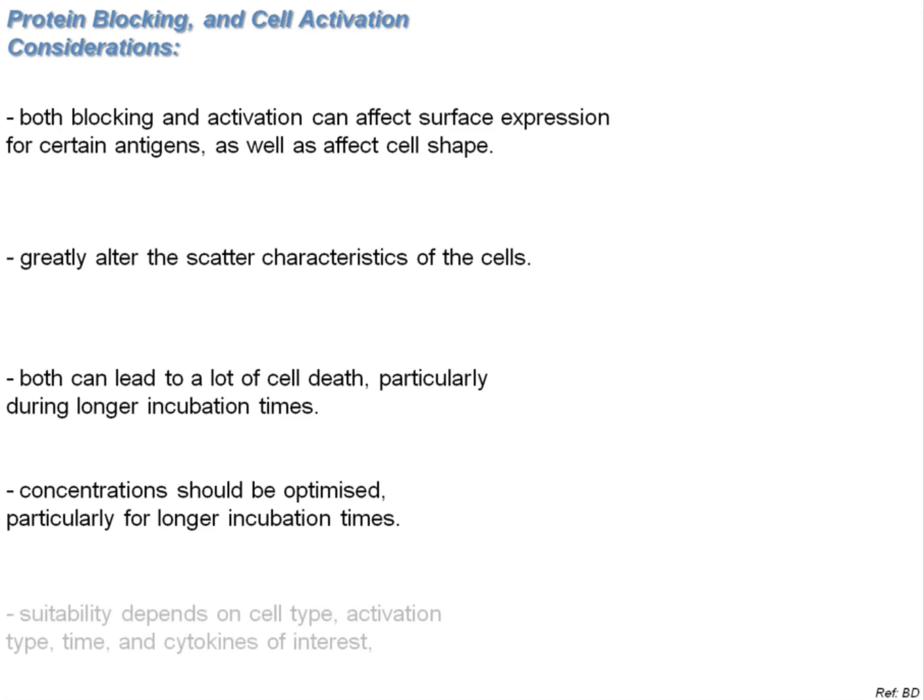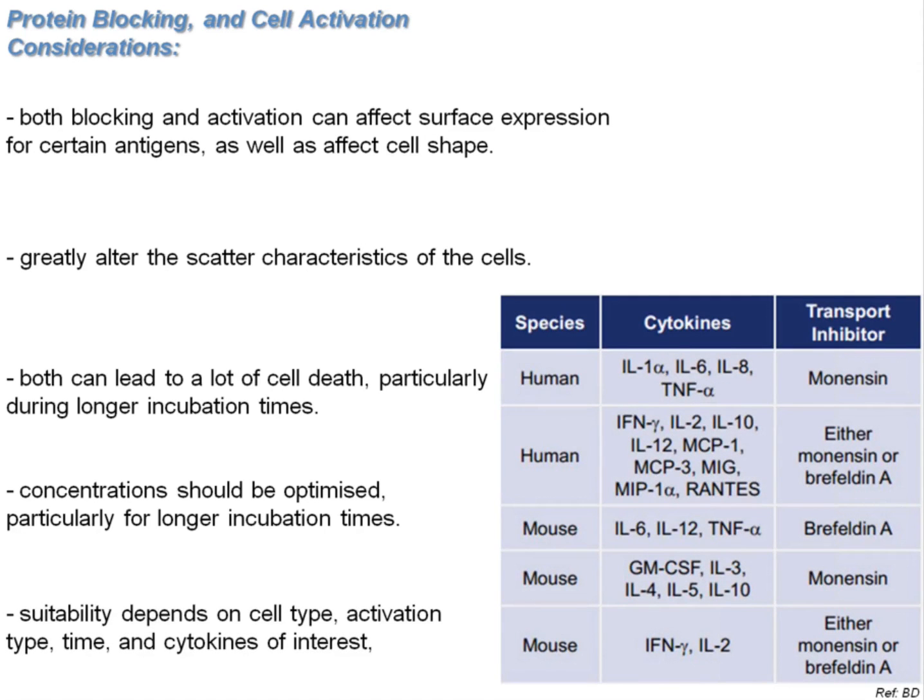Now, I just took this from the BD website: proposed protein blocking for different species and different cytokines. I would say that none of this is a rule. I found in some of these cases, for TNF in humans, Brefeldin A works perfectly fine.